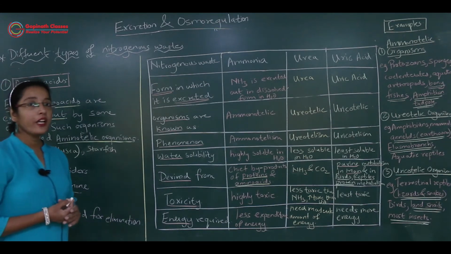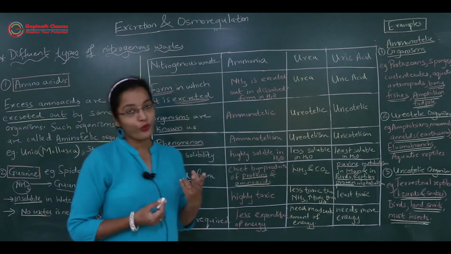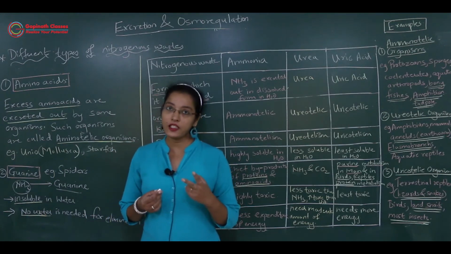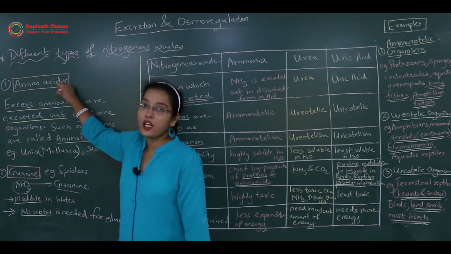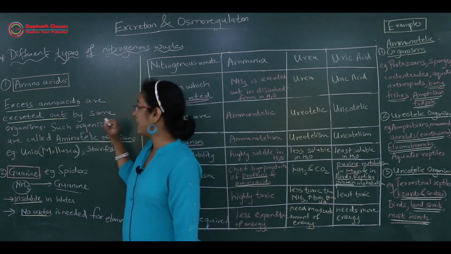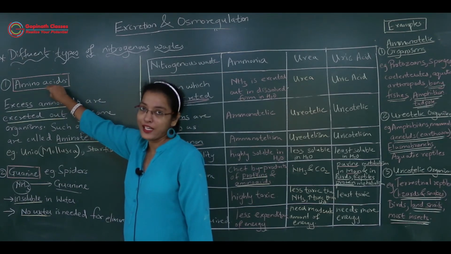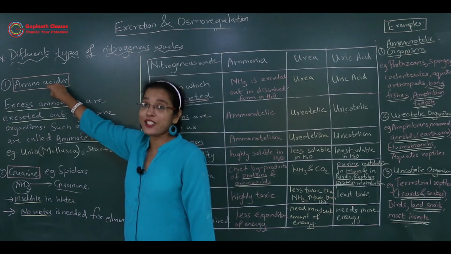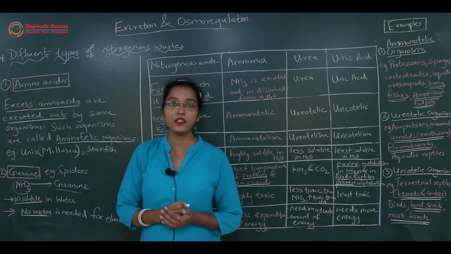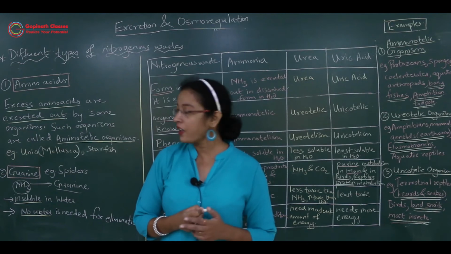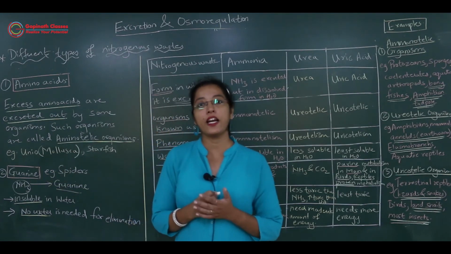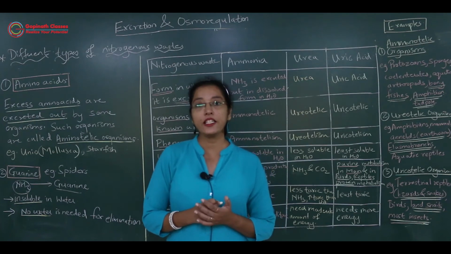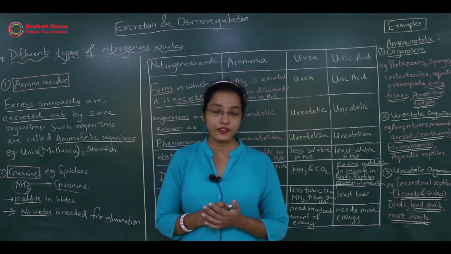So we have studied two modes of excretion seen in some organisms. The very first one was aminotelism, wherein those organisms excrete excess amino acids formed in the body. And second, guanotelism, wherein guanine is the nitrogenous waste excreted out of the body of arachnids.